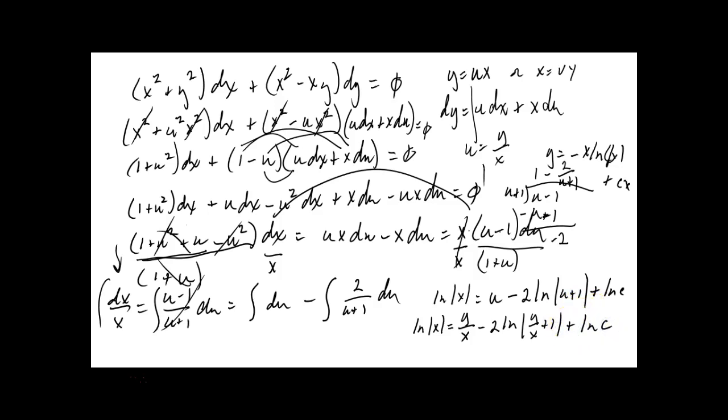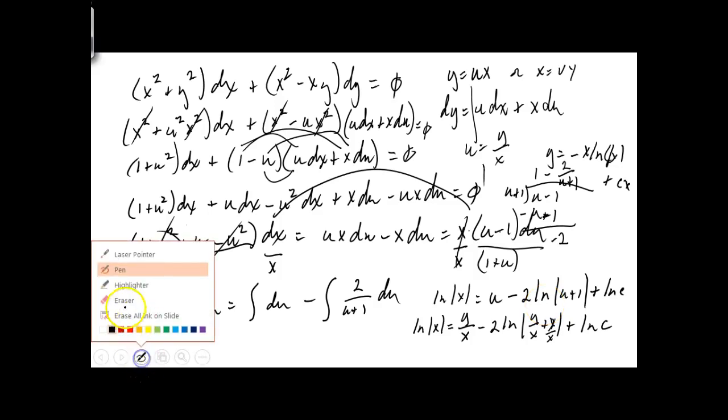Okay? Now, I want to monkey with that middle one just a little bit. Let's make that x over x here. So it'll be y plus x over x. Is that okay? Now, I'm running out of room, so I'm going to go up to the top.